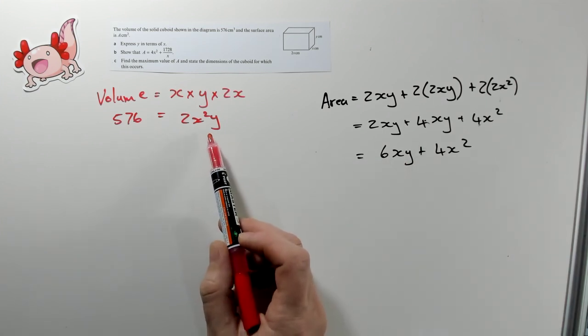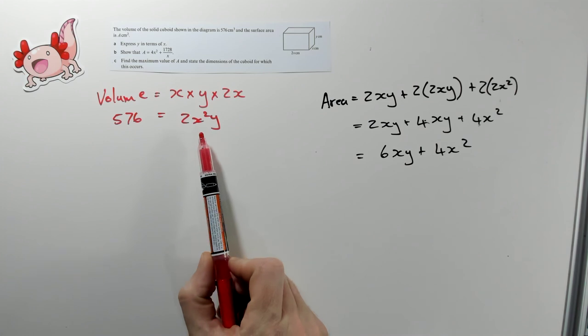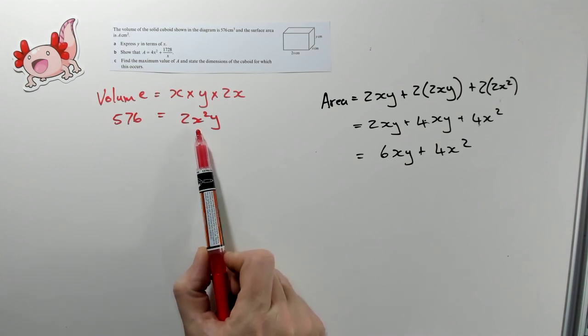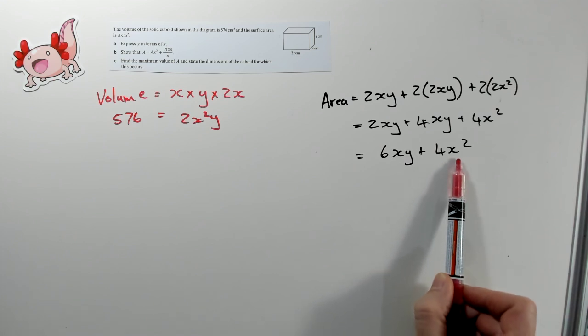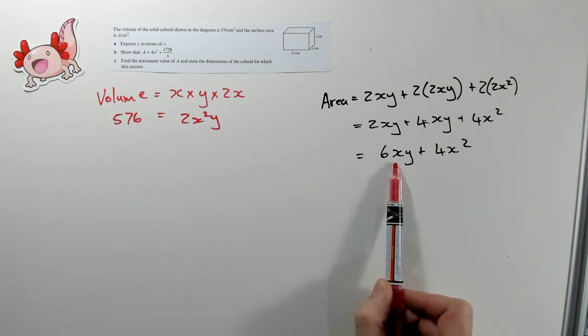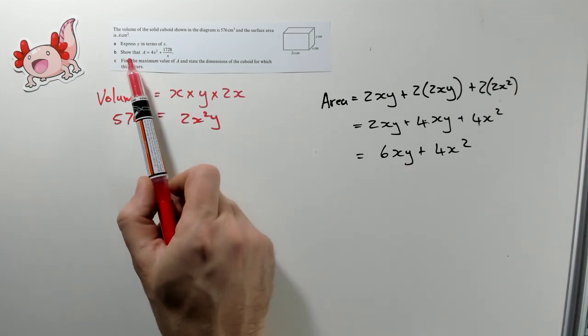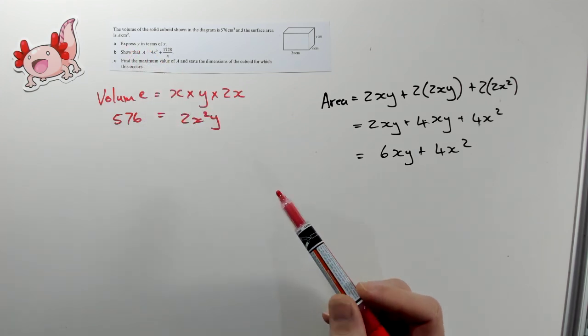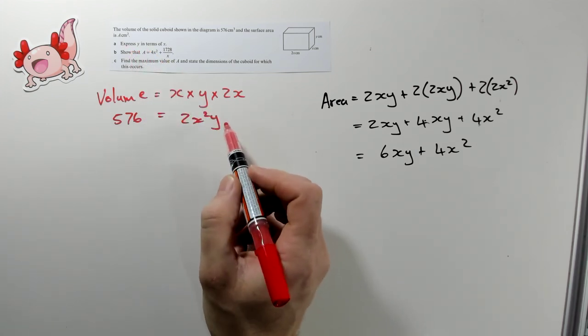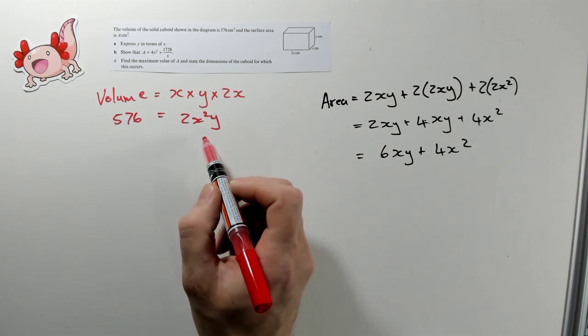But in this case, I think y makes a bit more sense, because if I want to make x the subject, I'm going to have to do some square rooting. And when I input it, yes, it might be cancelled out there, but it won't be cancelled out here. So it makes sense to me that they're saying express y in terms of x. So we have to make y the subject. Pretty simple, we're just going to divide by 2x squared.